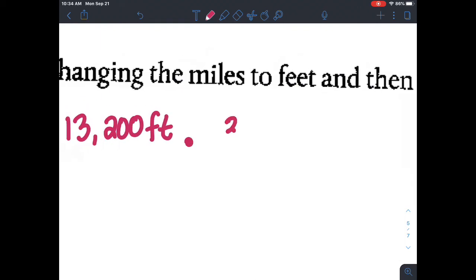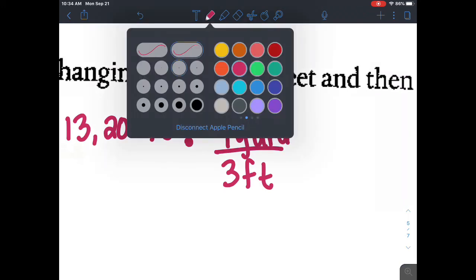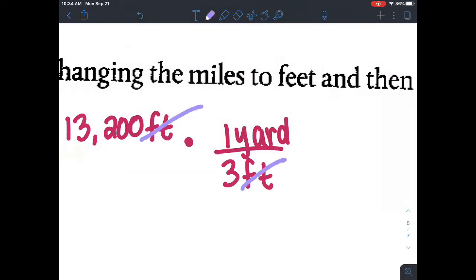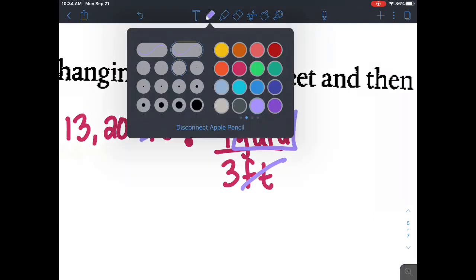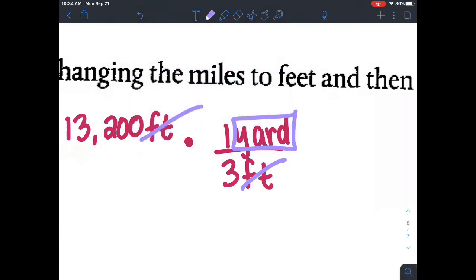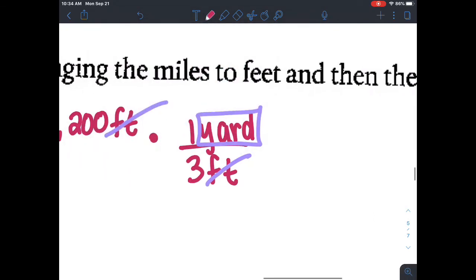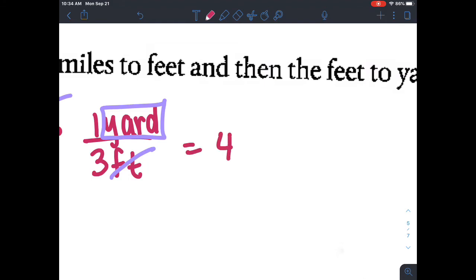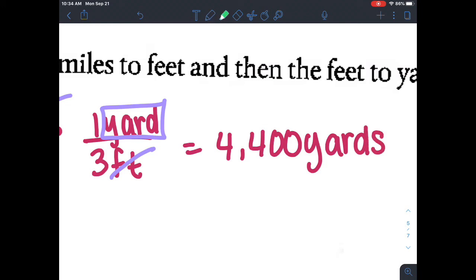So there are 3 feet, oh, I need feet on the bottom. 3 feet so that they cancel out, and then yard will go on top. So then feet cancel, and I'm left with my unit yard. So 13,200 divided by 3 gives me 4,400. And my unit is yards because that's what's left.